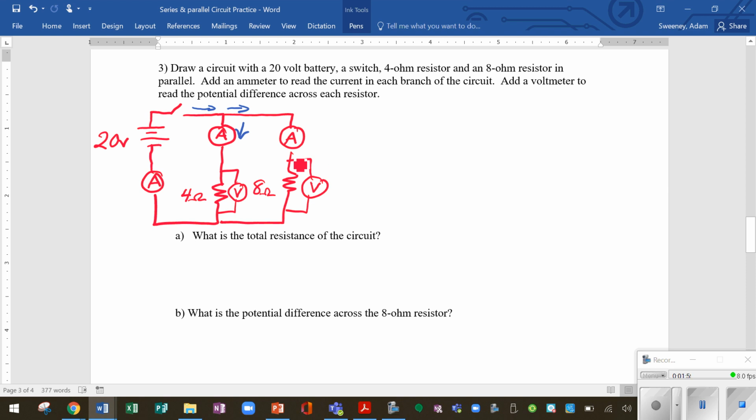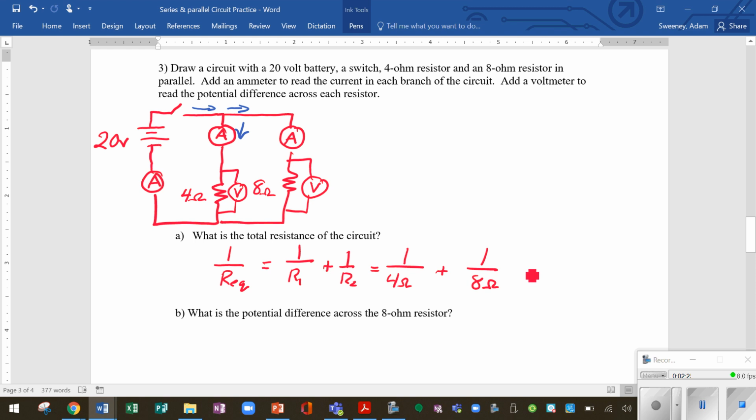So let's go ahead and figure out what the total resistance of our circuit is. Total resistance for parallel circuits is 1 over Req, so 1 over the equivalent resistance, and it's equal to 1 over R1 plus 1 over R2. So that's equal to 1 over 4 ohms plus 1 over 8 ohms.